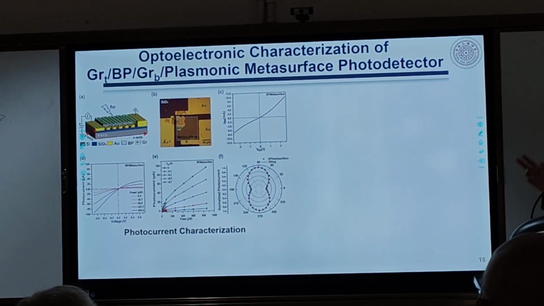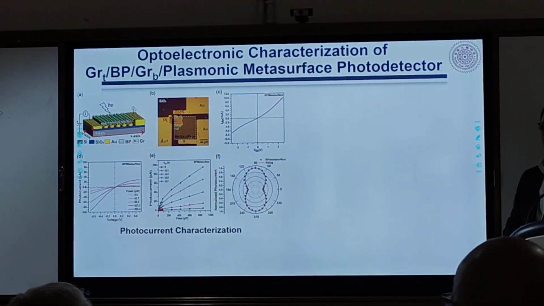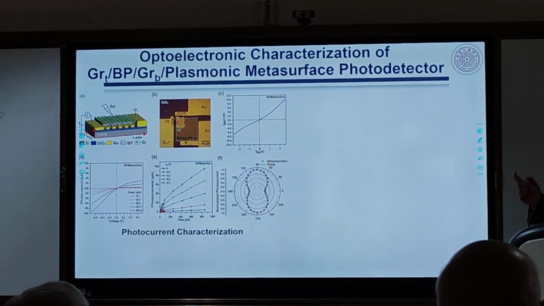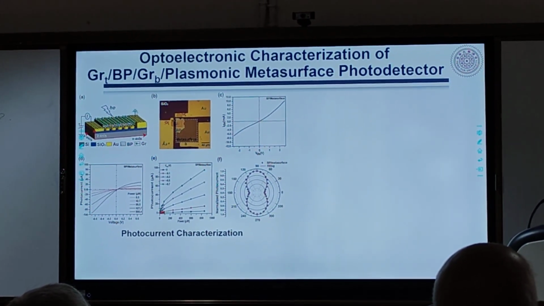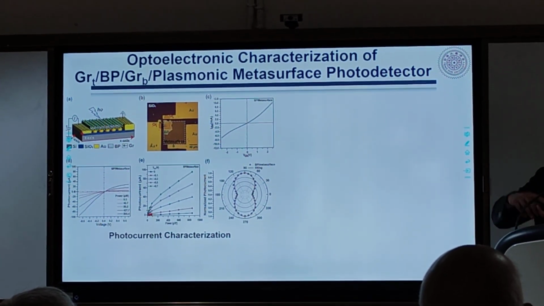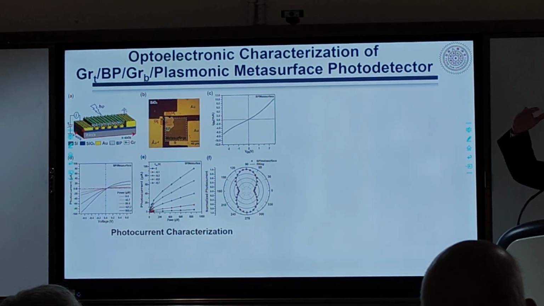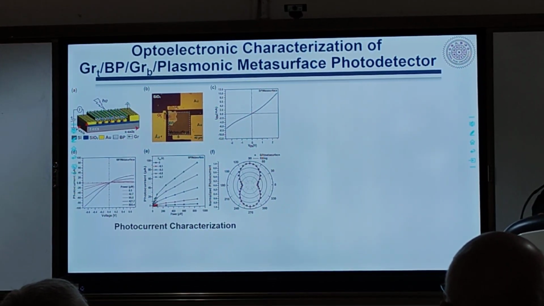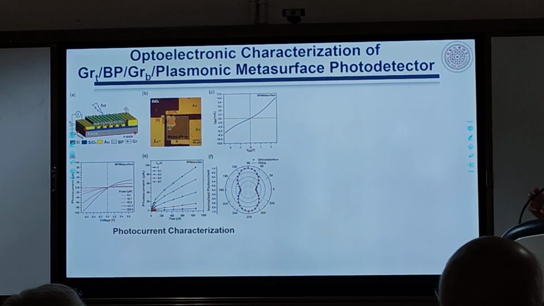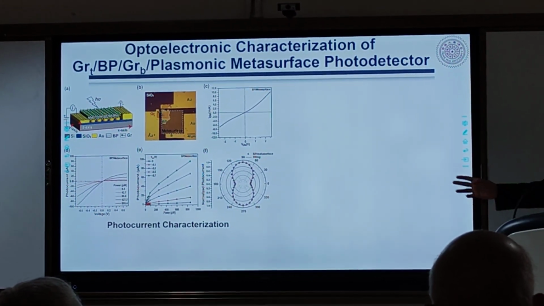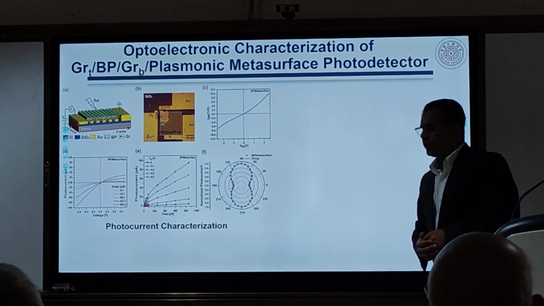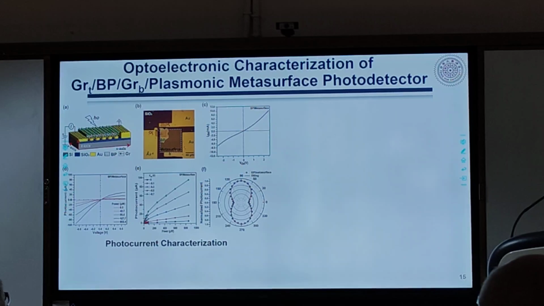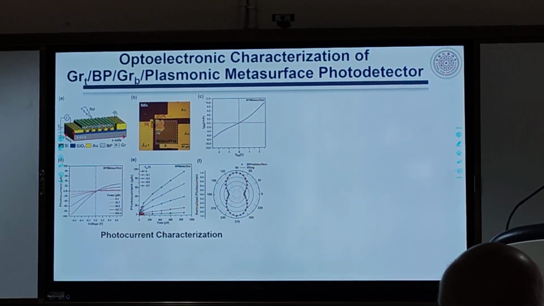And then we have measured the IV, power dependent IV with different bias, and we found that at the negative bias we have the highest photocurrent because we have an asymmetric Schottky barrier, because the upper graphene has contact with the air, but the bottom graphene doesn't have contact with the air, so there is an asymmetric Schottky barrier. And also we have measured the fluorescence independent photocurrent, which is similar to the optoelectronic properties which we already observed in the previous page.